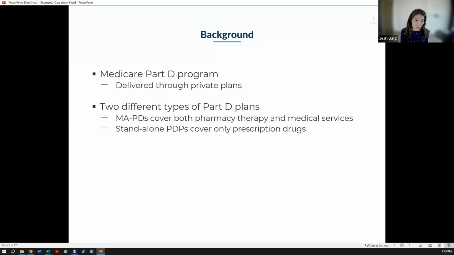Enrollees in standalone PDPs are in traditional fee-for-service Medicare. Those in MAPDs are in Part C, Medicare Advantage plans.